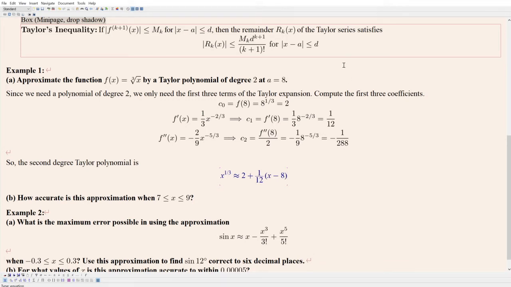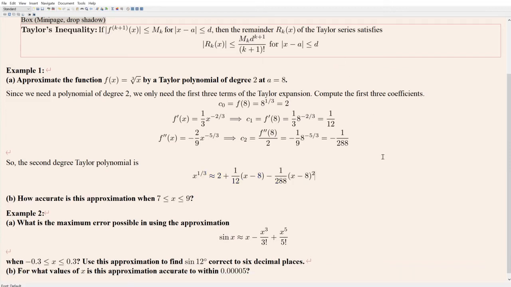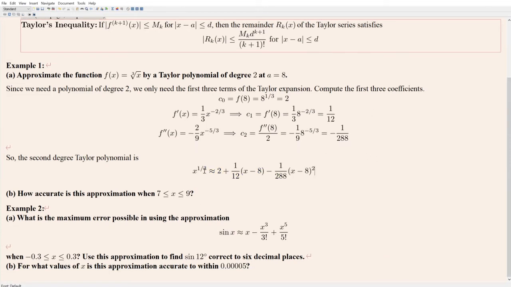Because the center point is at 8, minus 1 over 288 (x minus 8) squared. So that's the approximation of the third root by a quadratic. And this approximation is valid as long as x is close to 8. So the next question is, how accurate is this approximation when x is close to 8? Specifically, between 7 and 9. Notice this is an interval which is centered at 8.